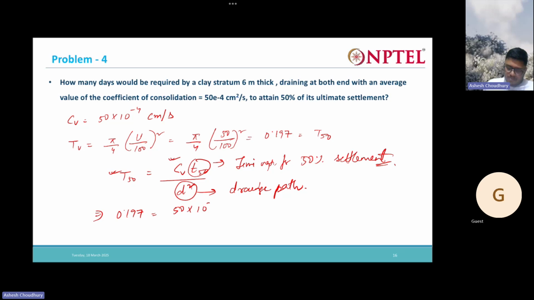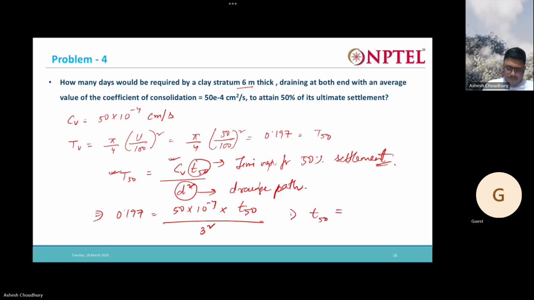Now we can have 0.197 equals CV into 10 to the power minus 4 times T50 by D square. Now what is D? D is my drainage path. For 6 meter thick with drainage on both sides, it will be 6 by 2, so 3 squared. So from here I can get T50.